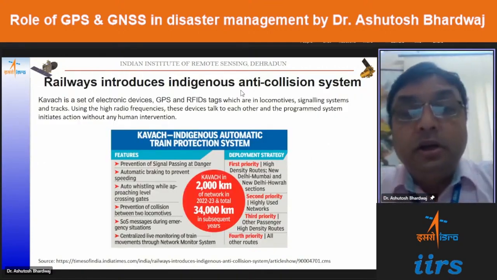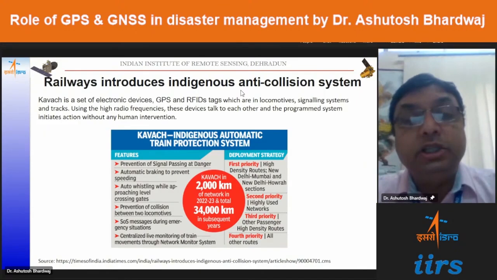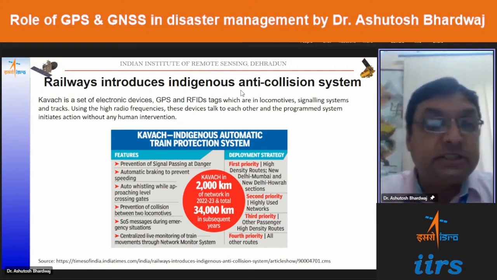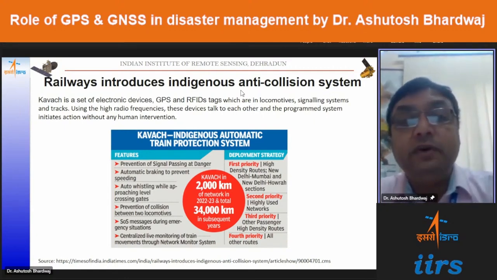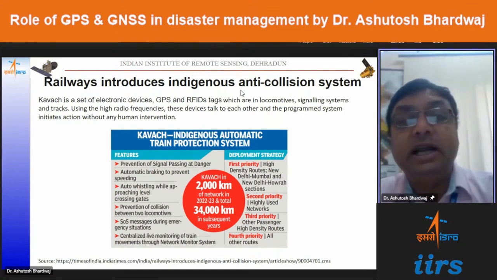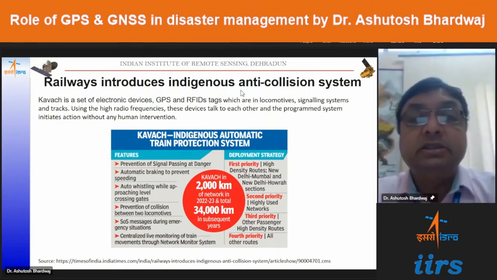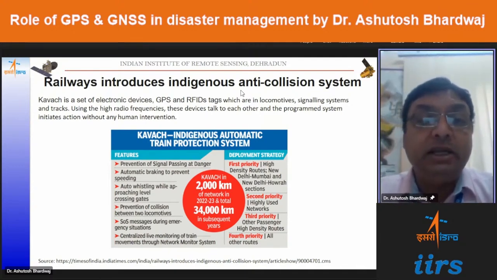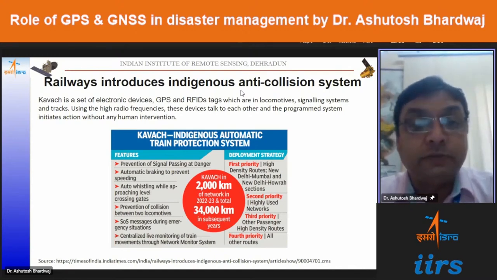Recently, a very good solution has come for the safety of the railways. Indian Railways has developed the Kavach system. It is an integration of GPS, various electronic devices, accelerometers, and RFIDs, as I was trying to tell in due course; these are various devices which are being integrated for the Kavach solution.